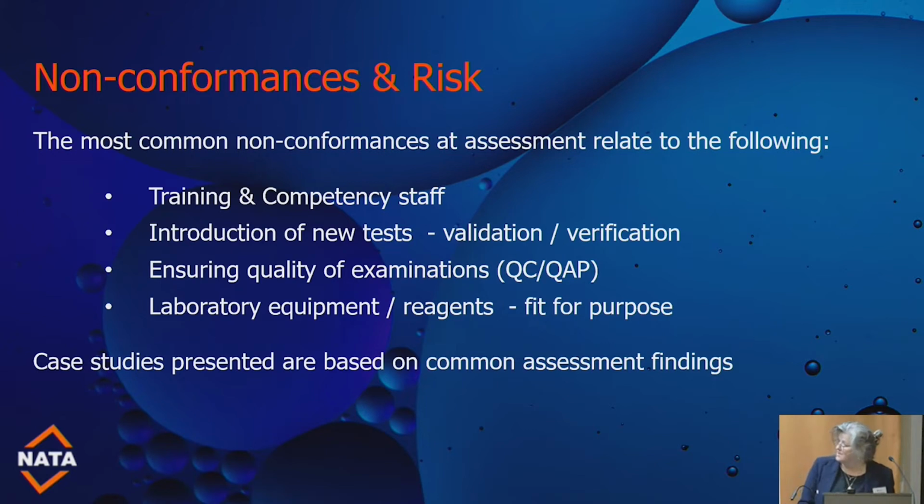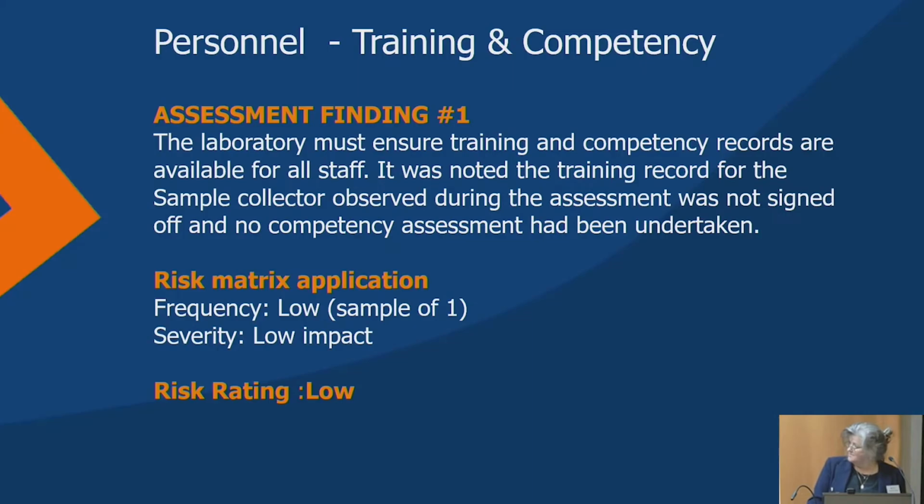As you heard also, the main non-conformances are training and competency, the introduction of new tests, QC, QAP and lab equipment. So the case studies are based on these common assessment findings. The first one is about training and competency. The lab has to ensure that training and competency records are available for all staff.